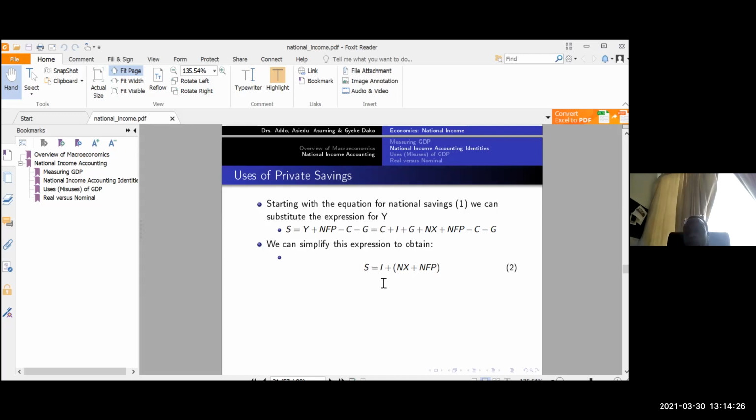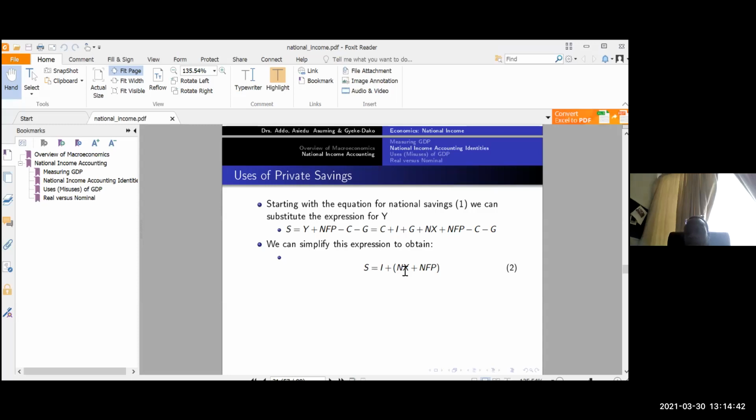So we can express savings in terms of investment and net exports, and all that. Savings equals investment plus net exports.